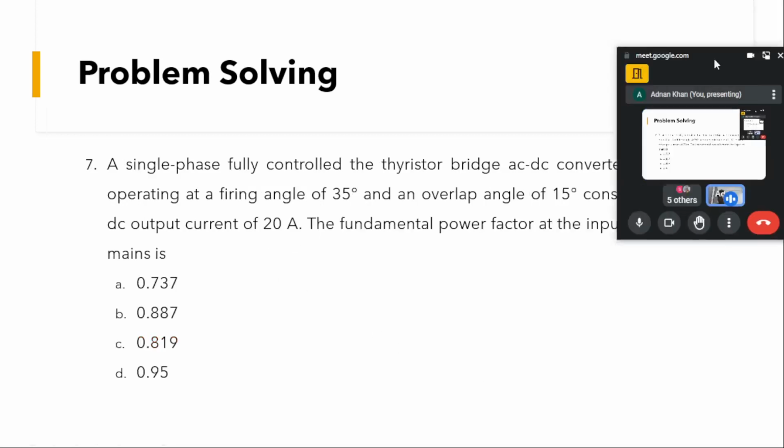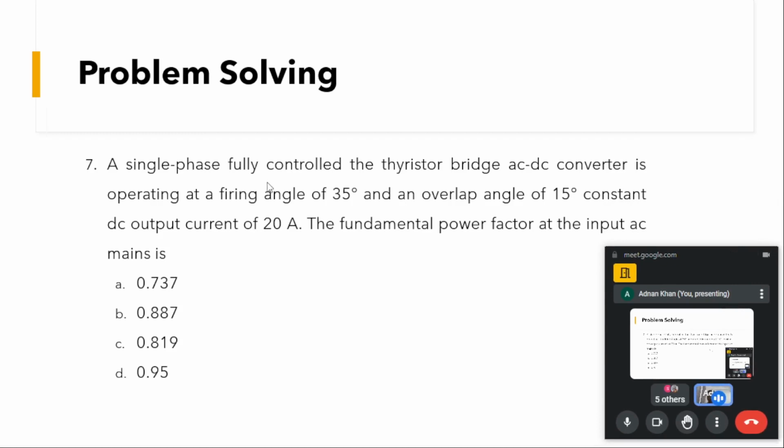Now coming to the seventh question. The seventh question is: a single phase fully controlled thyristor bridge AC-DC converter is operating at a firing angle of 35 degree and an overlap angle of 15 degree. So what is given?